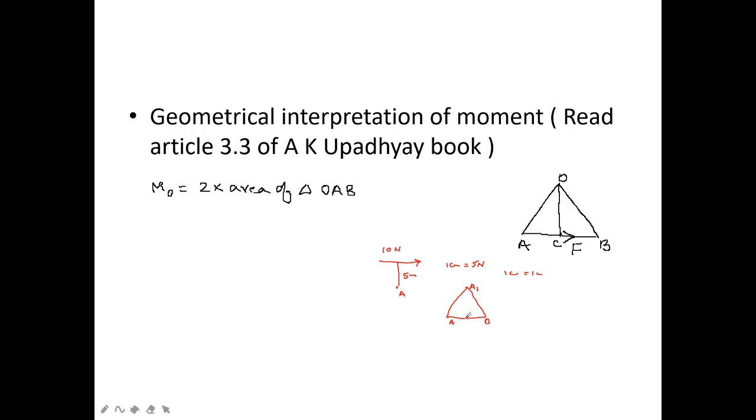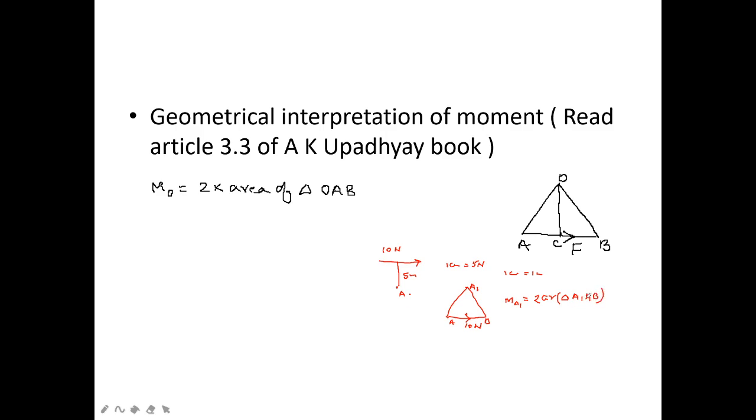Now what is the moment of this force of 10 Newton about point A1? MA1 is equal to 2 into the area of triangle A1AB.